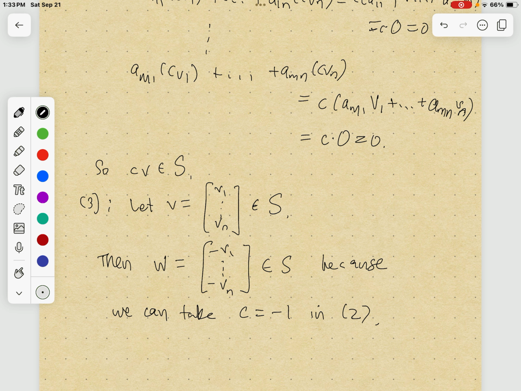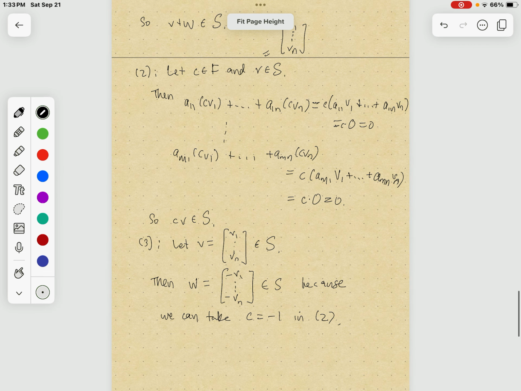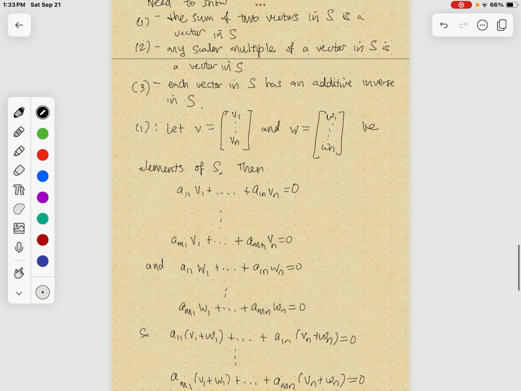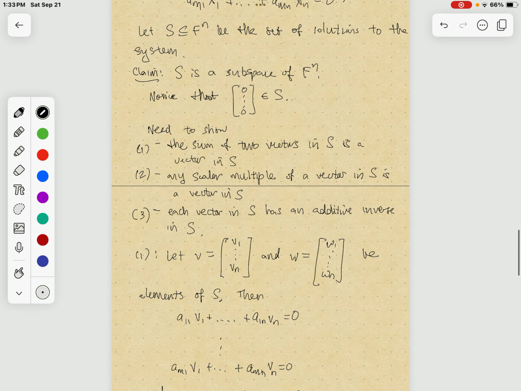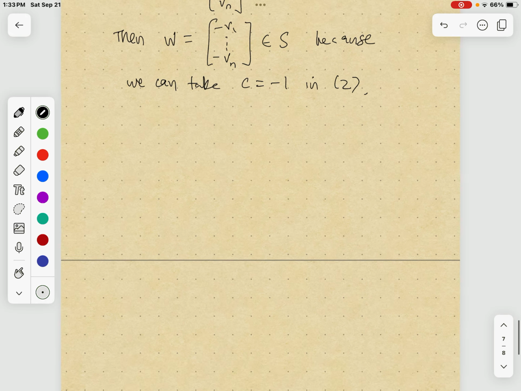Now let's record the fact that we really only need to show three things, 1, 2, and 3, once we have that the 0 vector is in S. Okay. So let's record that as a theorem.